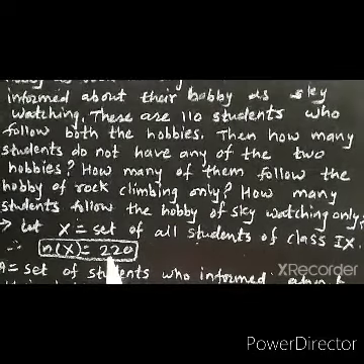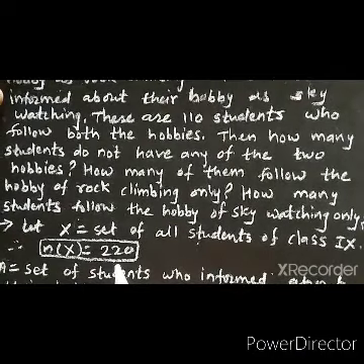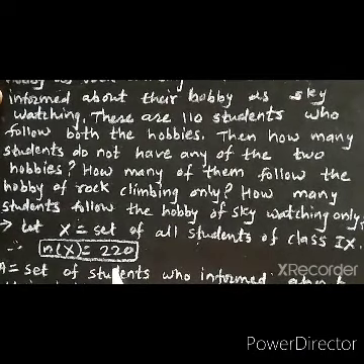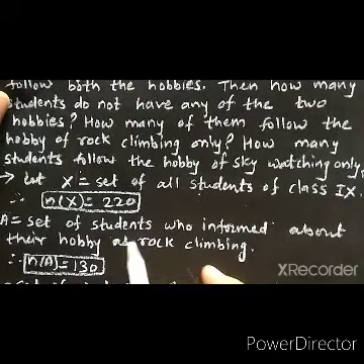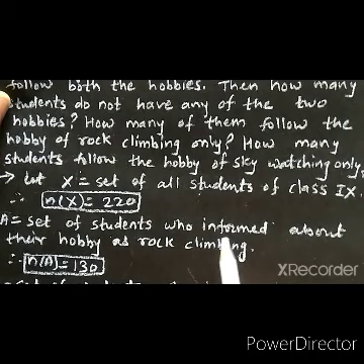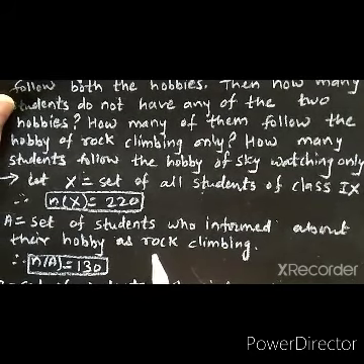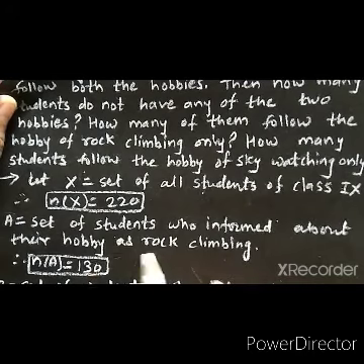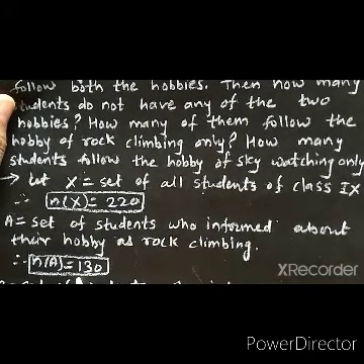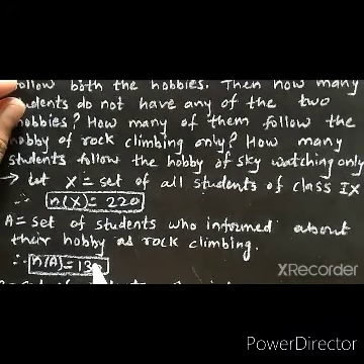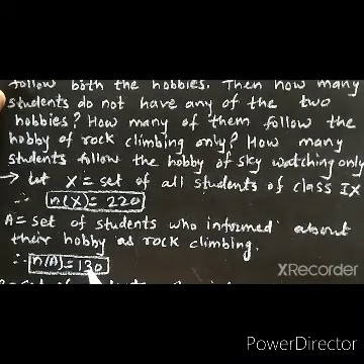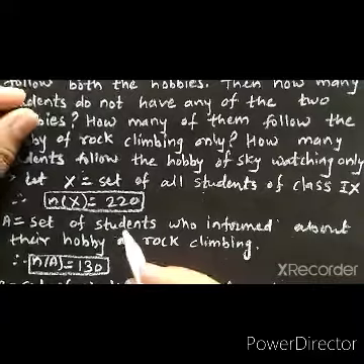Therefore, n of X is equal to 220. Now let us consider set A, the set of students who informed about their hobby as rock climbing. So here we have 130 students. So the number of students in set A is 130.